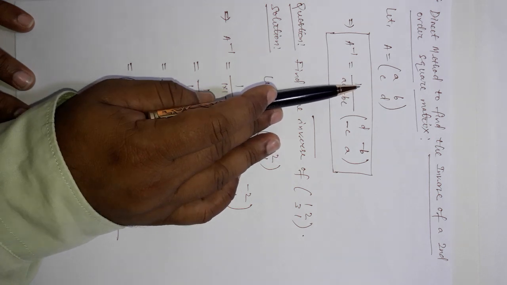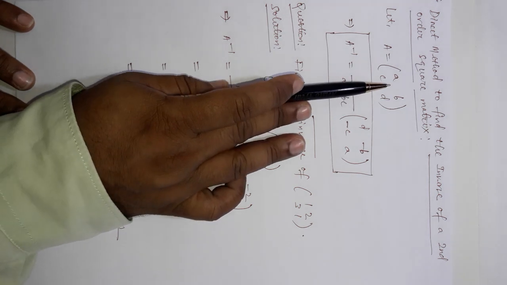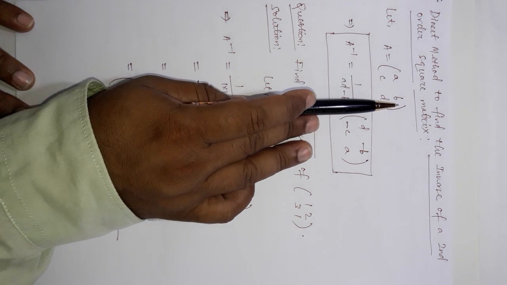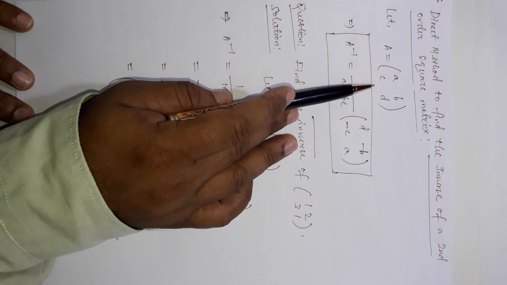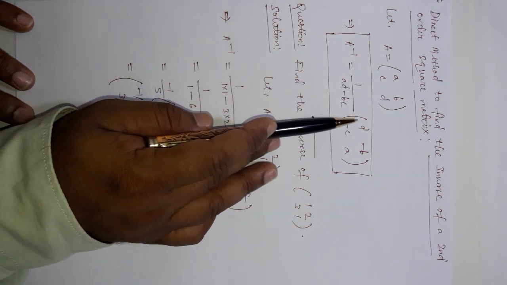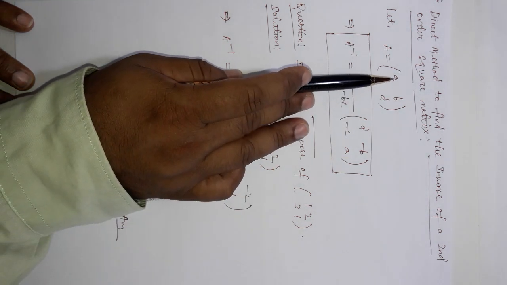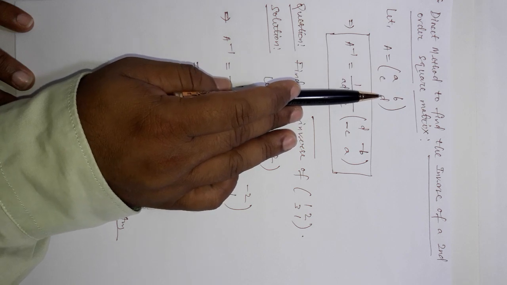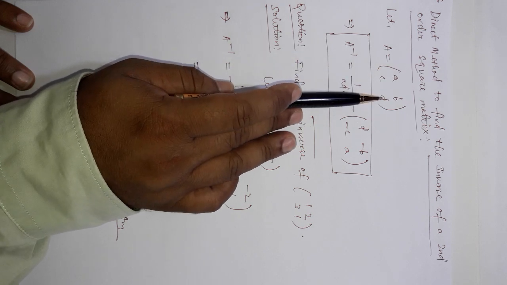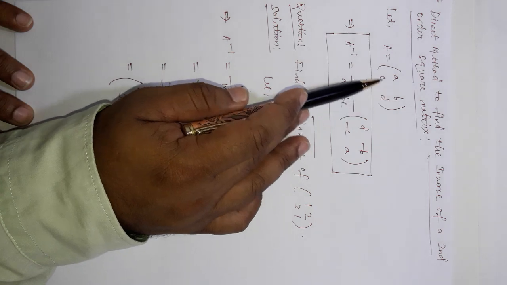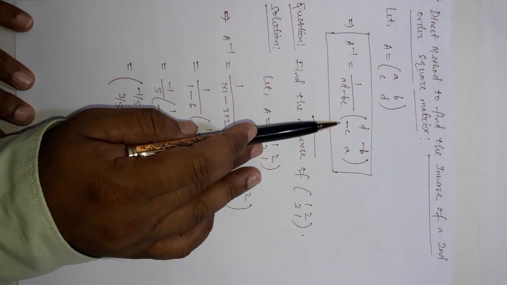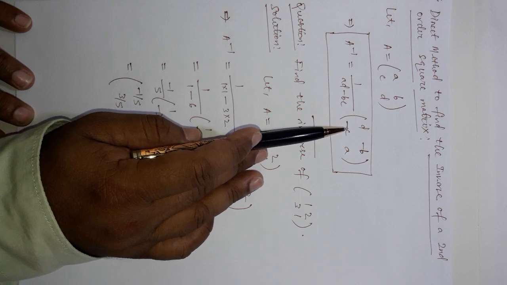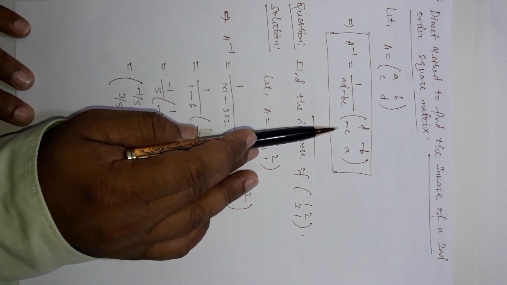What you have to do? You first multiply 1 by ad minus bc, the subtraction of the cross products of the elements. With that, left diagonal or main diagonal elements you interchange, and right diagonal elements you only change the sign, and this is the formula for easily getting the inverse of a second order square matrix.